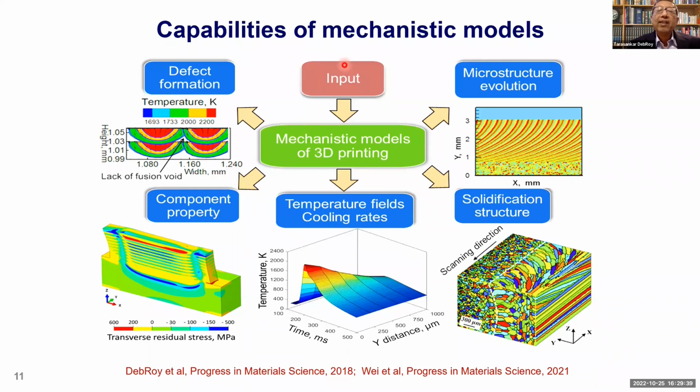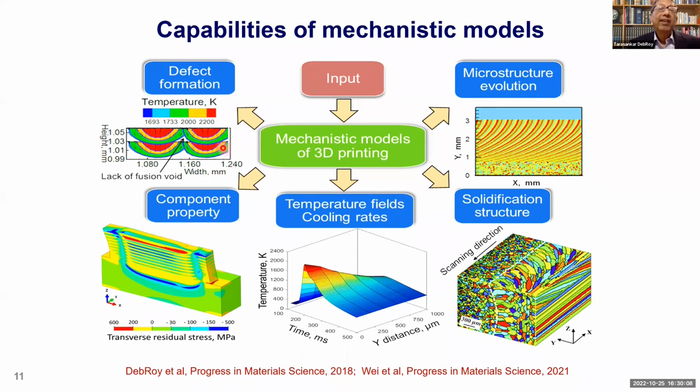We provide the process variables and thermophysical properties of the alloy as input. And what do we get as output? Transient three-dimensional temperature fields, cooling rates, temperature gradients, solidification growth rates, all of those parameters, right? As a function of time and position within the part.